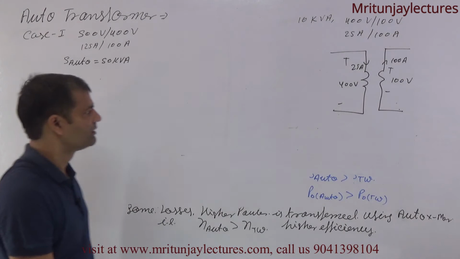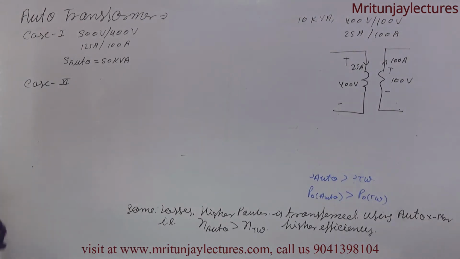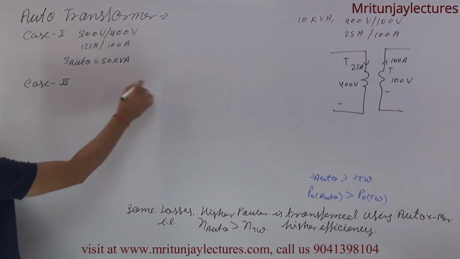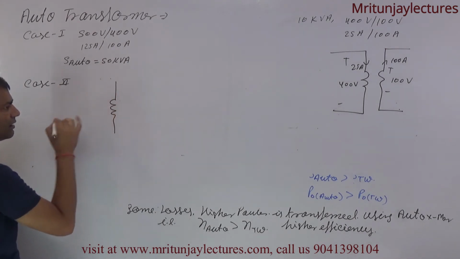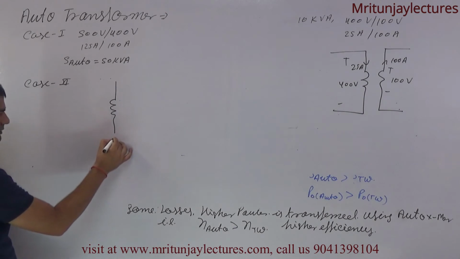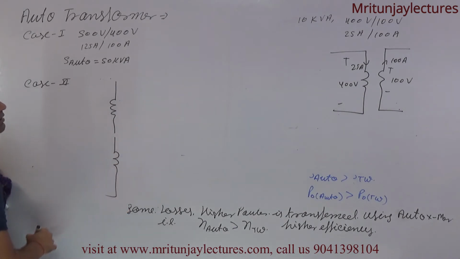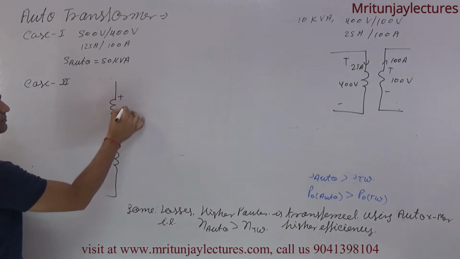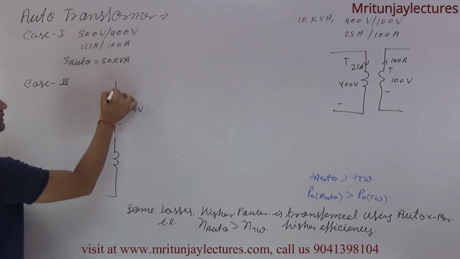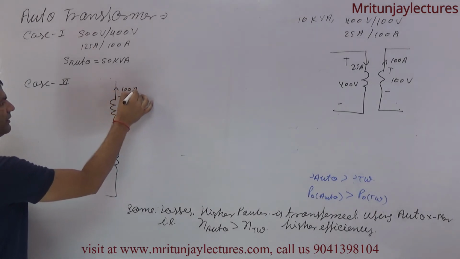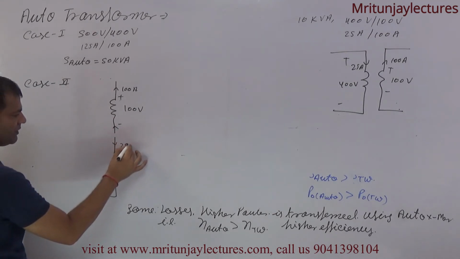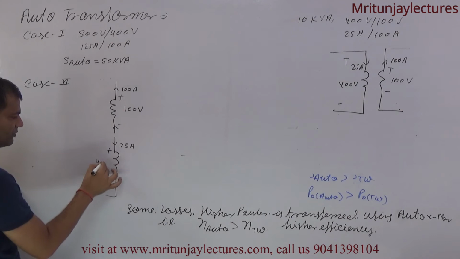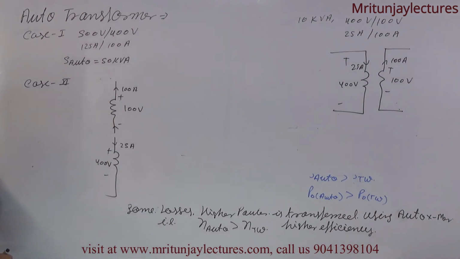Okay. Now we make another way, suppose that 100 volt, plus minus 100 volt, direction of current 100 ampere, and now that is 25 ampere, that is 400 volt. Clear?